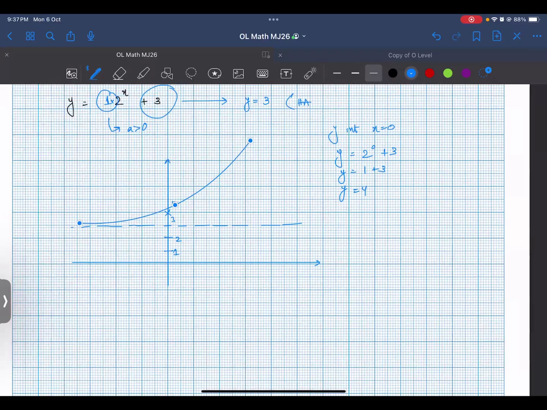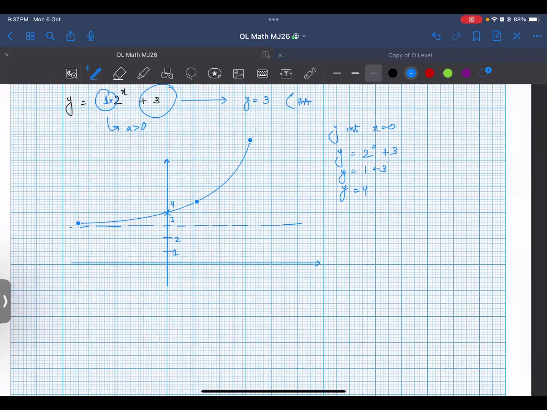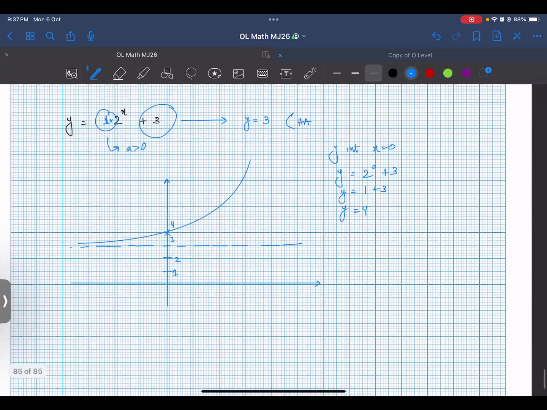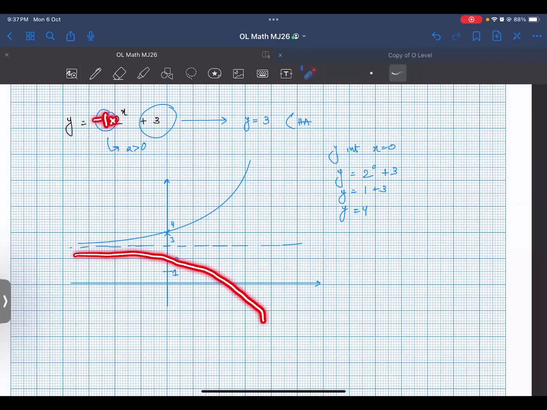Sir, if here it was negative 1, then would the asymptote be -3? If it was -1 over here, the graph will only go like this. The horizontal asymptote would still be 3.